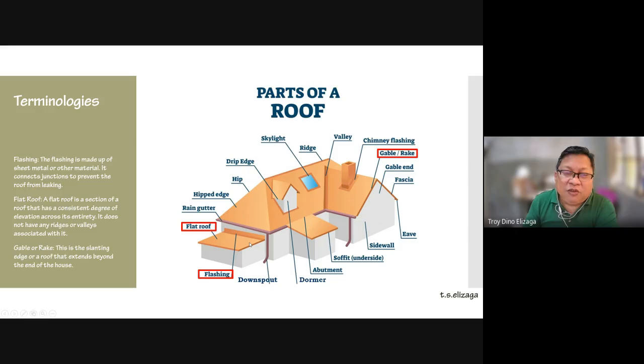My point is the flat roof has to slope a little away from the house, so that the rainwater will flow away from the house.